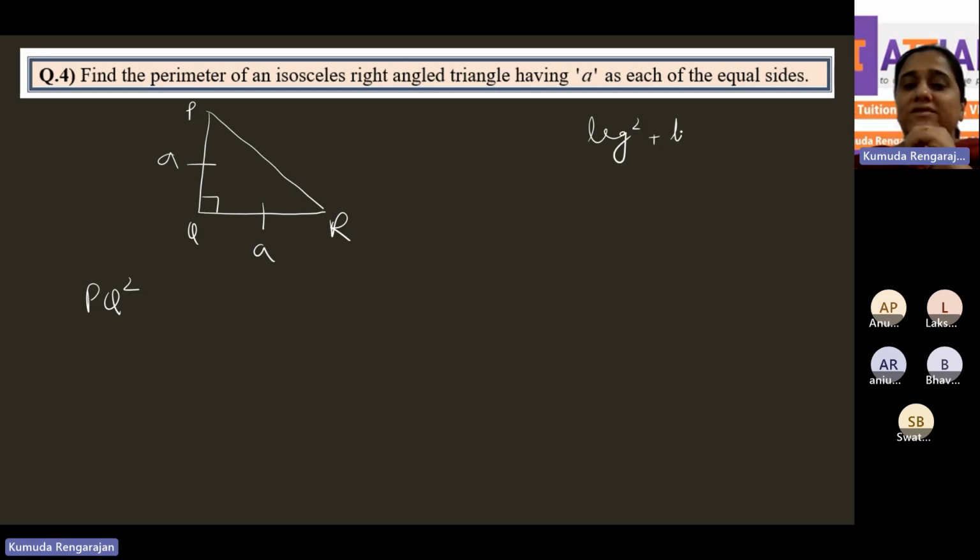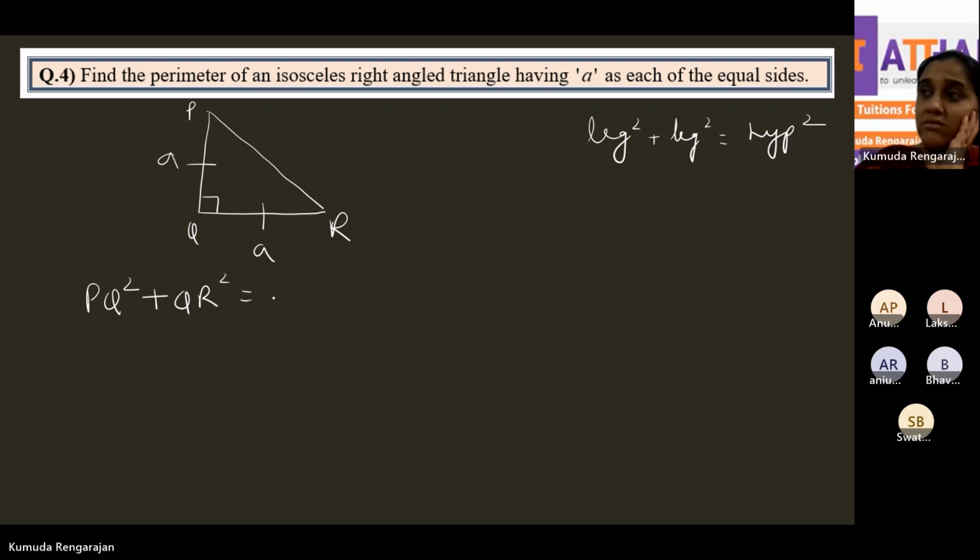Leg square plus leg square is equal to hypotenuse square. This is the rule. So PQ is a leg. PQ square plus another leg, QR square, is equal to hypotenuse square, PR square. Substitute now. What is PQ? A square plus QR, A square is equal to PR square. What is A square plus A square?